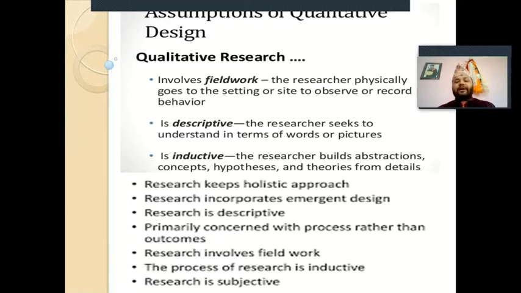And then it has to be inductive in nature while receiving the information. They induct a few important aspects. They draw out from the detail provided by the research participants, and they make some new meaning out of that.